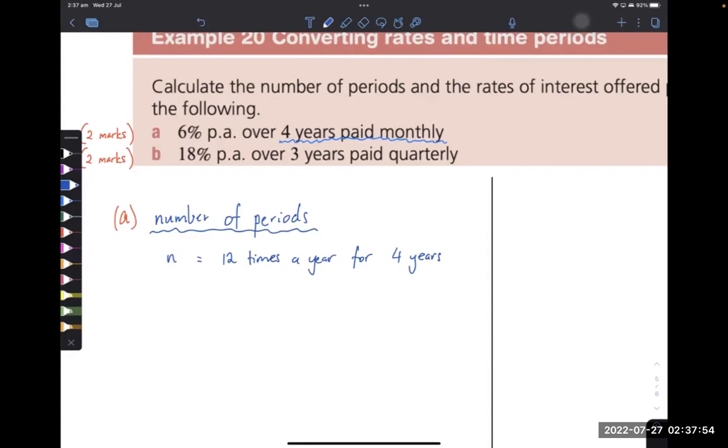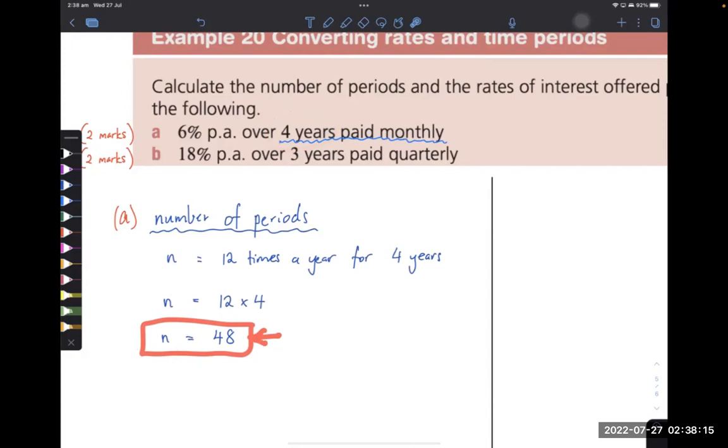So we've got 12. If we want to find out how many pay periods we have, we're going to go 12 times 4, which means that we have 48 payments across the 4 years, a total of 48 payments.